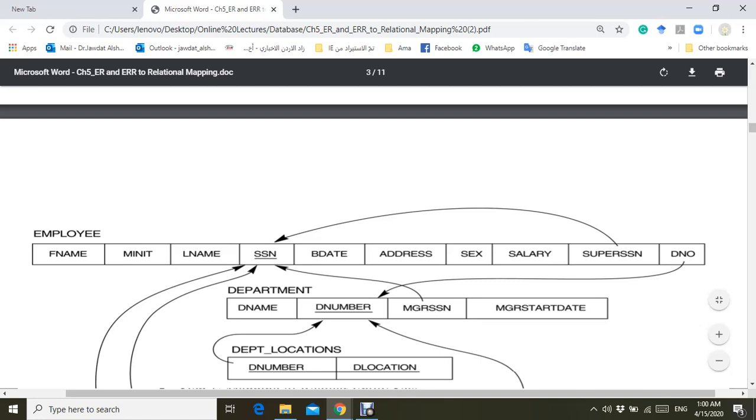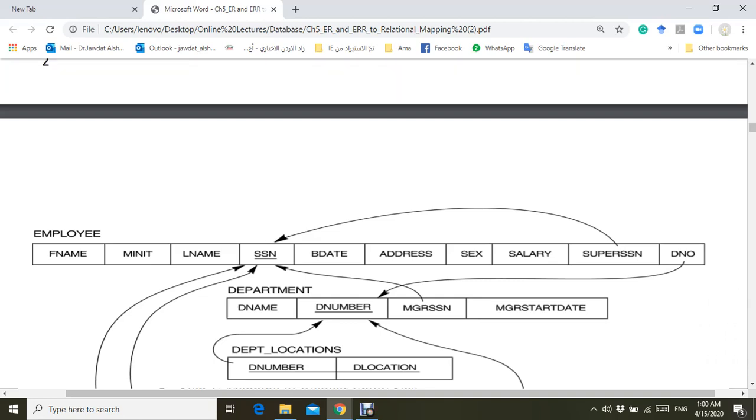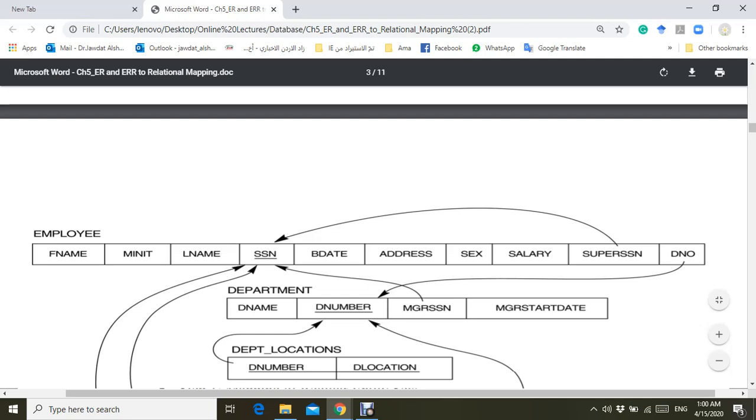We convert the ER diagram into this relational schema, which is these tables, the records that will be stored in the database. So here, this employee will become a table after inserting the first employee, second employee, Ahmed, Ali. It will be a table in our database.